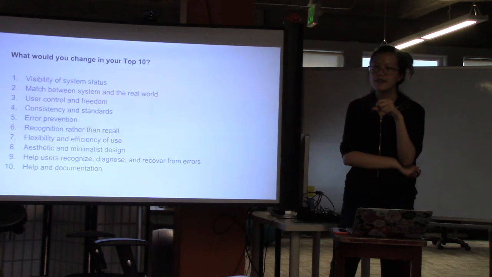In Snapchat, you can recognize the button in the middle is very similar to the button in the middle that you would use on your phone's camera application, so there's consistency there, and that also ties into consistency and standards. They've mirrored the user experience of other applications that take photos.